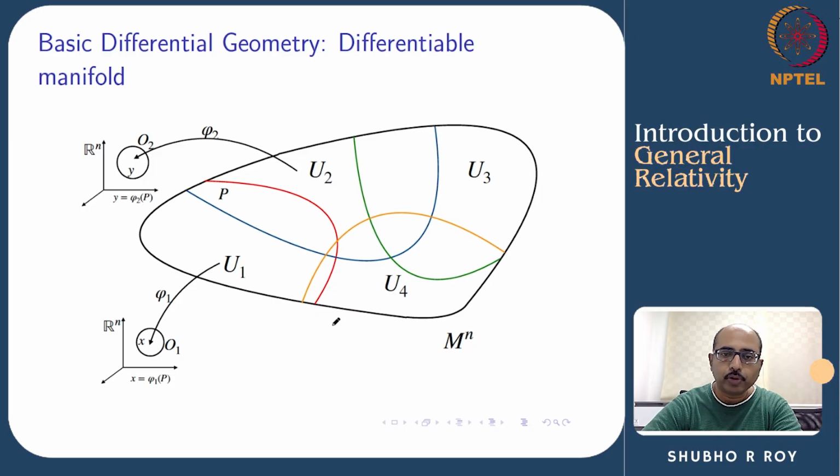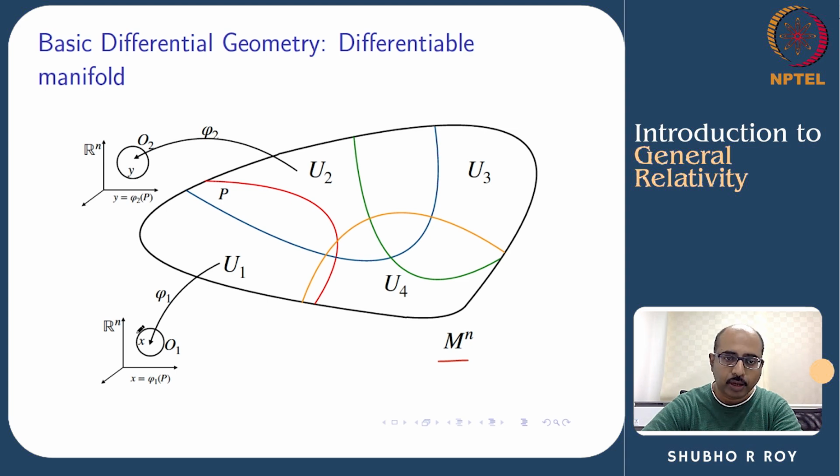All right, this next slide is the diagram which I drew before. We have a manifold which is covered by 4 open sets, U1, U2, U3, and U4. U1 is everything to the left of this red boundary. U2 is everything to the top of this blue boundary. U3 is everything to the right of the green boundary, and U4 is everything to the bottom of the yellow boundary. So the union of all four gives you M. For U1, there is a homeomorphism phi sub 1 which maps it to some open set in Rn.